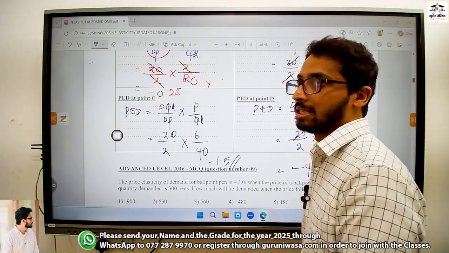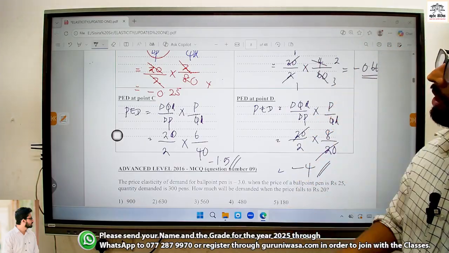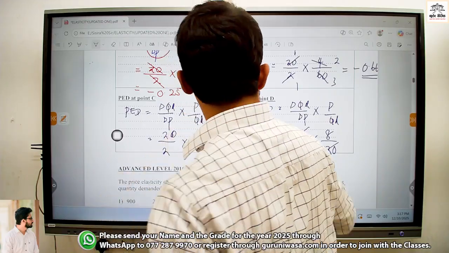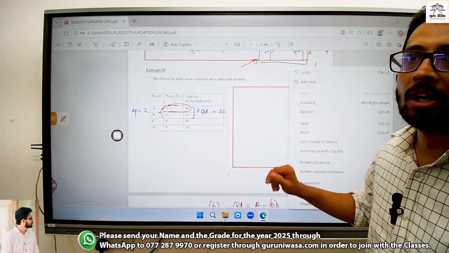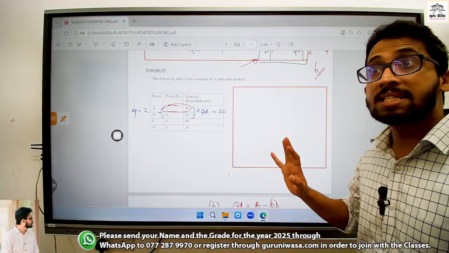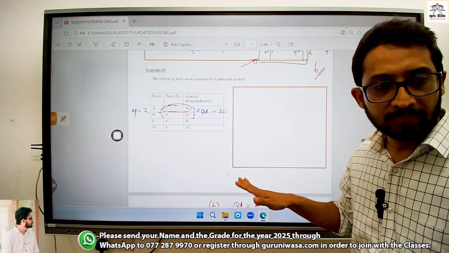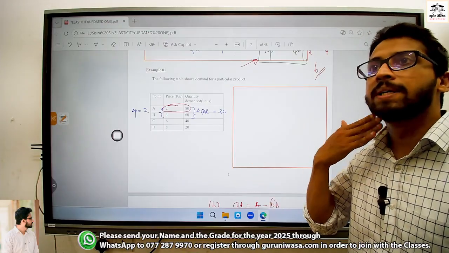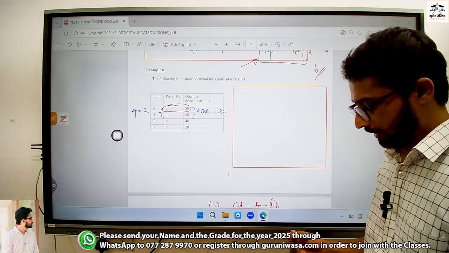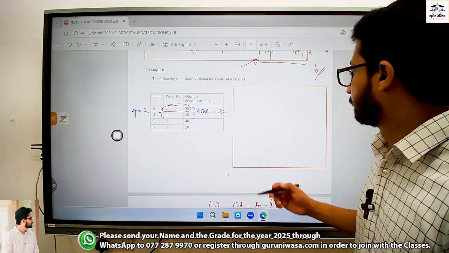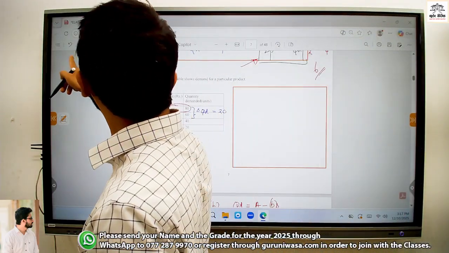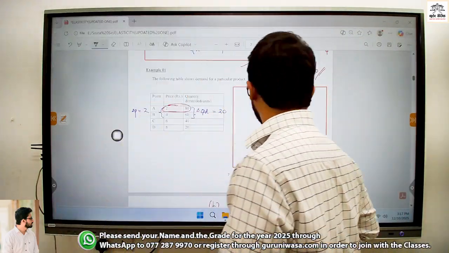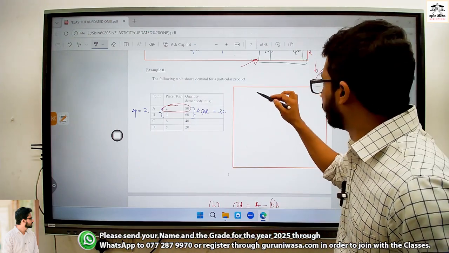Now the next task is to draw the demand curve. You need to draw a demand curve here. There's a separate box. Draw the demand curve on a scale. Now I draw the demand curve here.